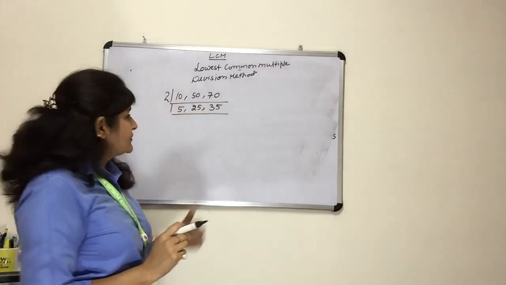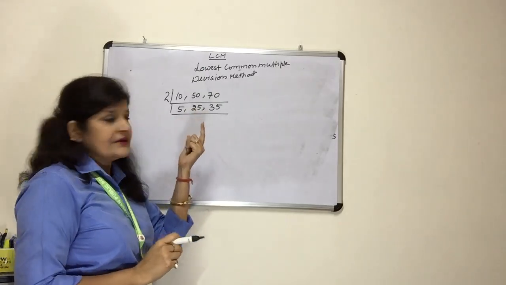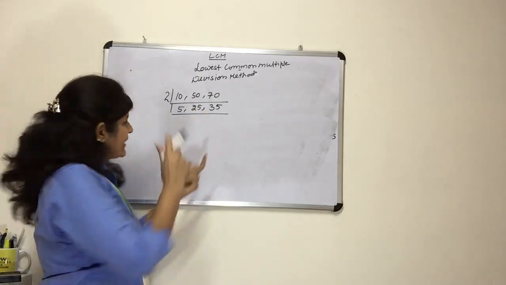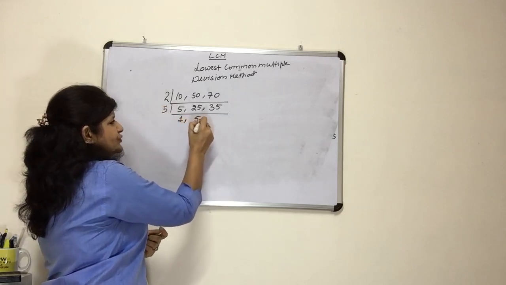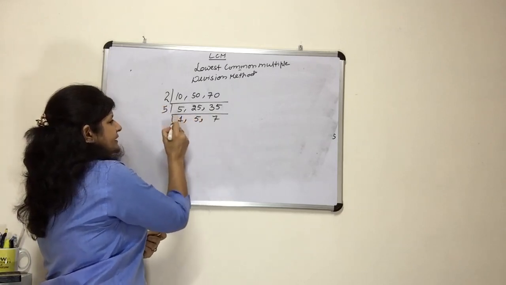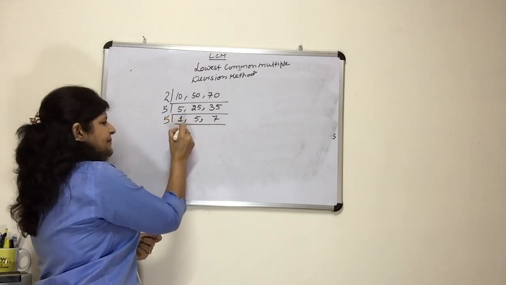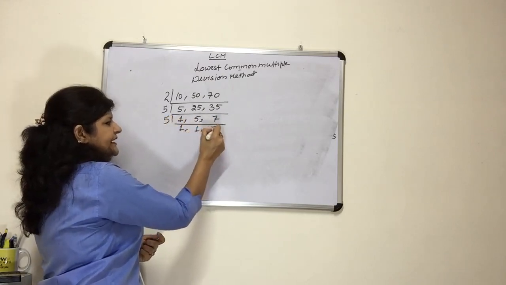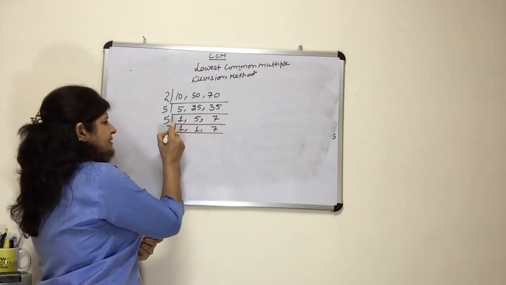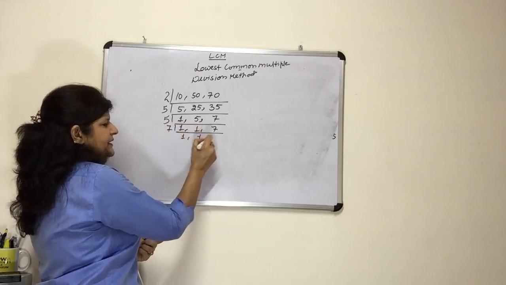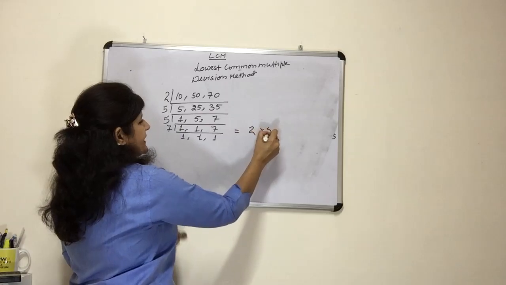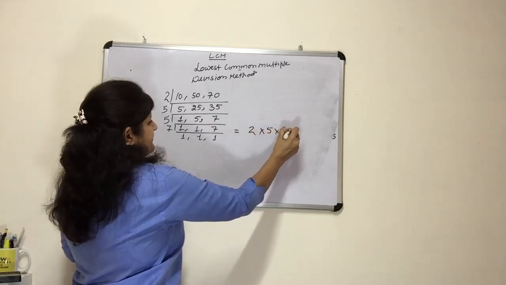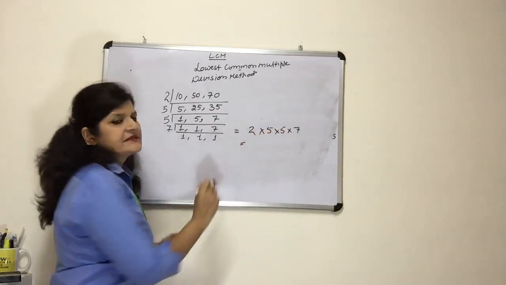Now I find that if I choose the number 5, we can divide all three numbers. So I choose 5: 5 1s are 5, 5 5s are 25, 5 7s are 35. Now 5 is a prime number, so it will come into its own table. 7 is again a prime number, so it will come in its own table. So the LCM will be 2 multiplied by 5, multiplied by 5 and multiplied by 7.